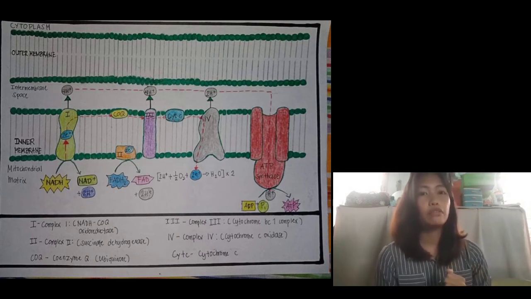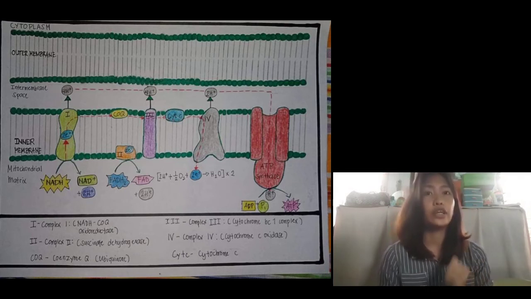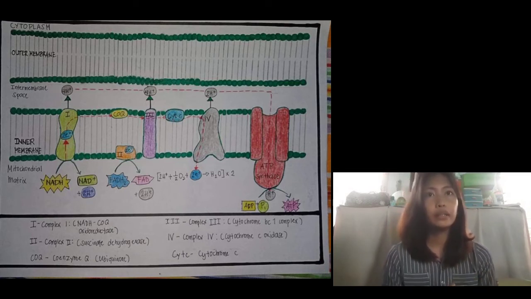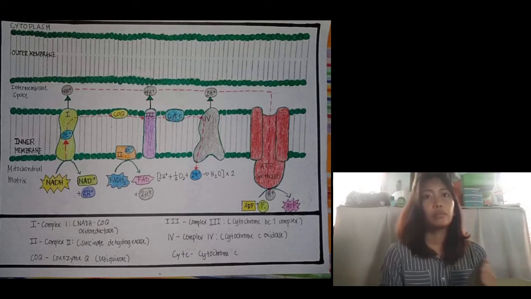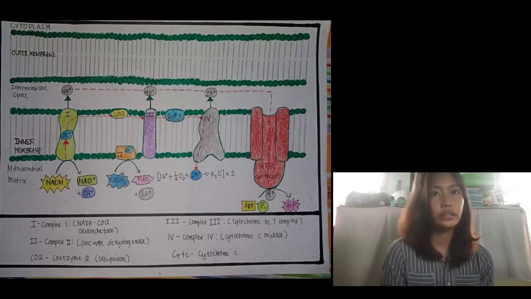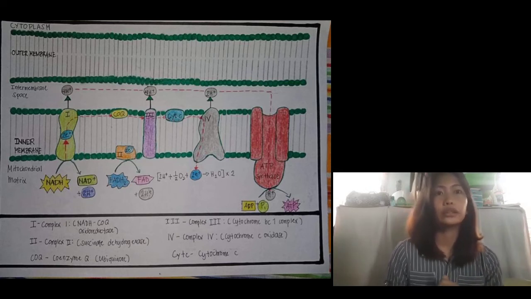The potential energy of this gradient is used by ATP synthase to make ATP from ADP and inorganic phosphate. In biological systems, however, many electron transport cycles occur simultaneously, helping to ensure that the proton gradient is always maintained.